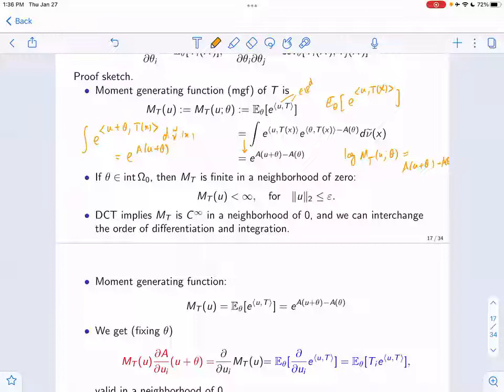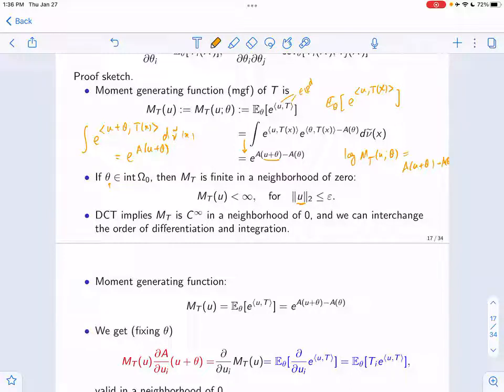If theta is in the interior of omega, then you can see that this is finite in a neighborhood of 0. The reason is that because theta is in the interior, I can take u, the l2 norm, to be less than epsilon for sufficiently small epsilon, so that this whole thing is in the interior again. That's the definition of the interior.